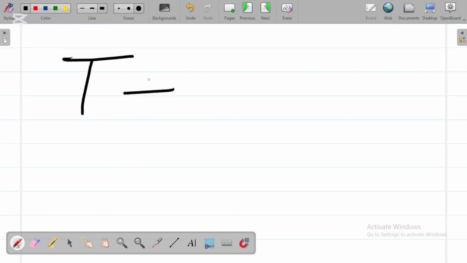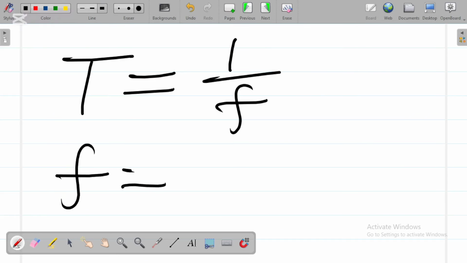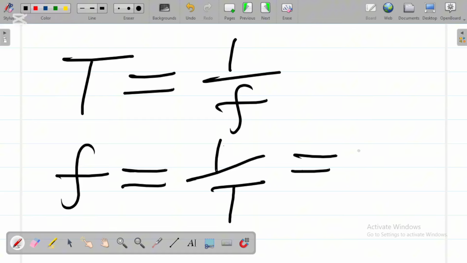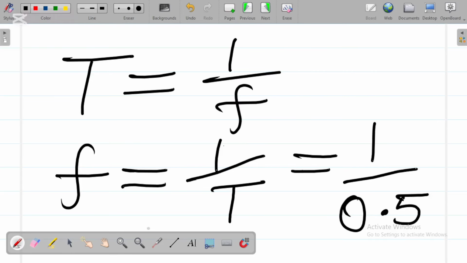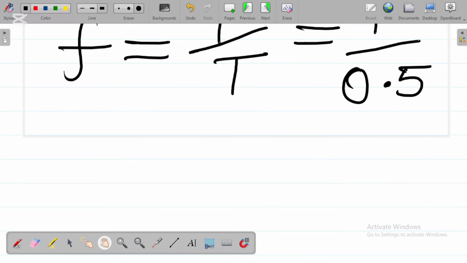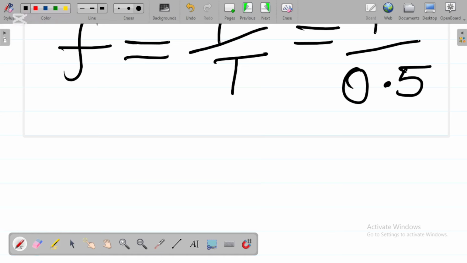Since T is equal to 1 all over F, if you make F the subject of the formula, F will be equal to 1 all over T. So if you substitute, you have 1 divided by 0.5, which gives you 2.